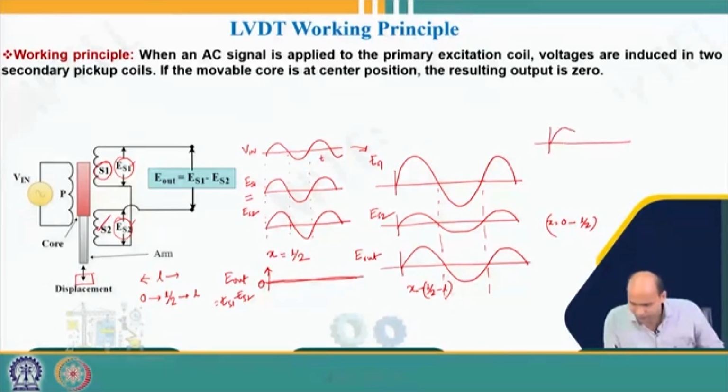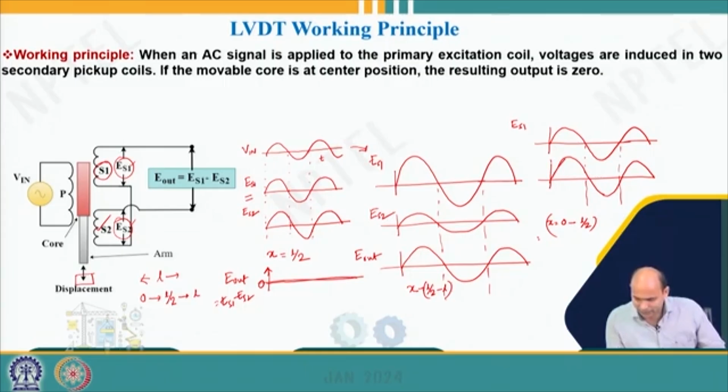If I consider this one is my ES1 and this one is your ES2, and then if I take the difference, in this case my ES2 will be greater than ES1. So if I draw the E out, ES1 minus ES2 means there will be a phase difference.